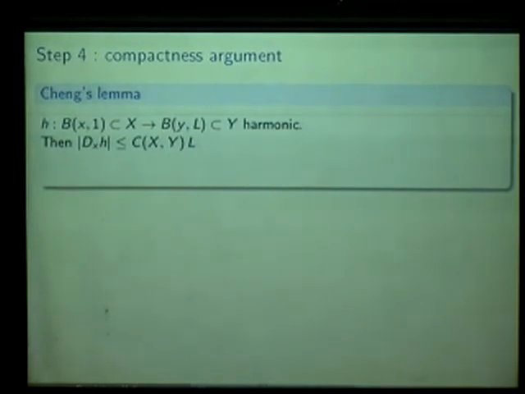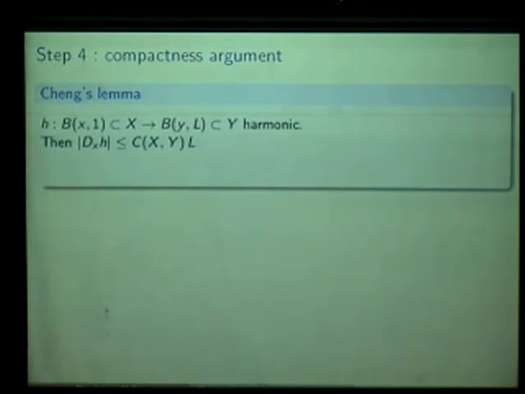So, just a hint of how the compactness step works. It relies on the so-called Cheng's lemma. The Cheng's lemma is an analog, in the realm of harmonic maps, of the Schwarz lemma that Pierre told us about some minutes ago. And it states that when you have a harmonic map, don't pay attention to the assumption on the manifolds, if you have a control on the harmonic map, then you have a control on its derivative.